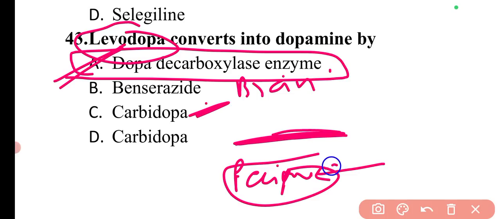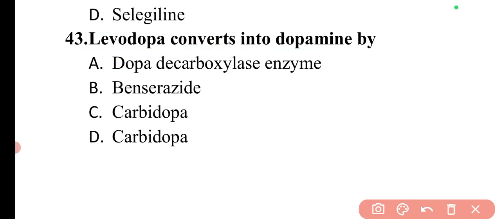So there can be a conversion in the periphery only. Then there will be no use of that dopamine if levodopa gets converted into dopamine before going to the brain. That's why we give carbidopa along with these compounds.